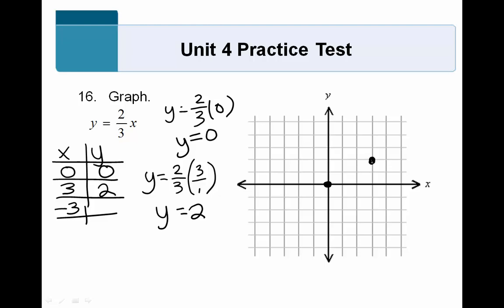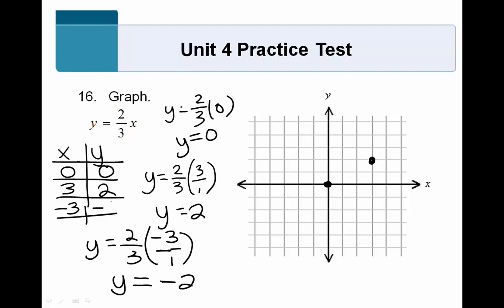And if x is equal to -3, y will equal 2/3 times -3 over 1. So in this case, this will be -2. So left 3, 1, 2, 3, down 2. So the last examples that I've done, 14, 15, and 16, that's how you can graph a line by using a t-chart or a t-table.